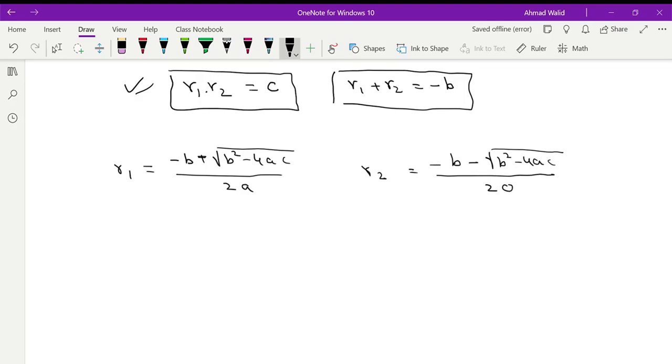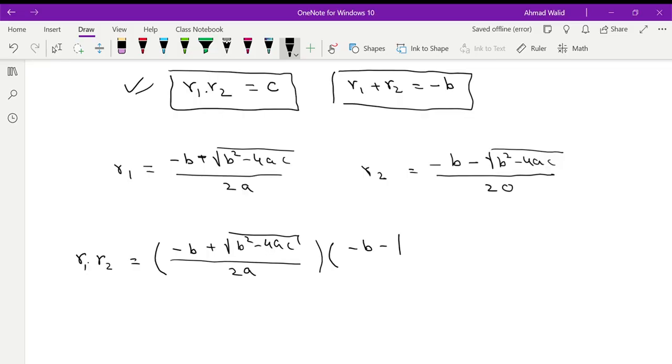Let's multiply the right side of these two equations and let's see what's happening. R1 times R2 equals negative b plus square root of b squared minus 4ac over 2a times negative b minus square root of b squared minus 4ac over 2a.